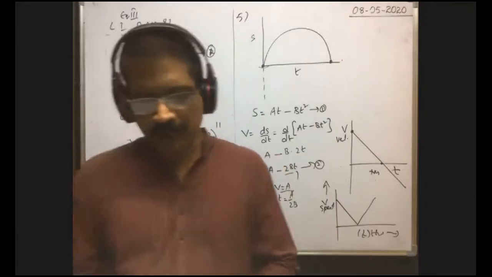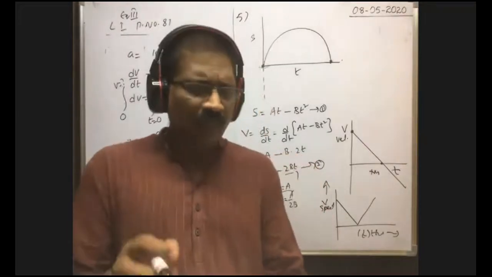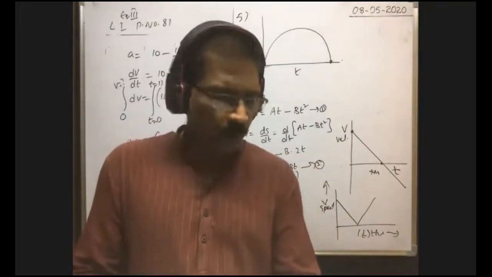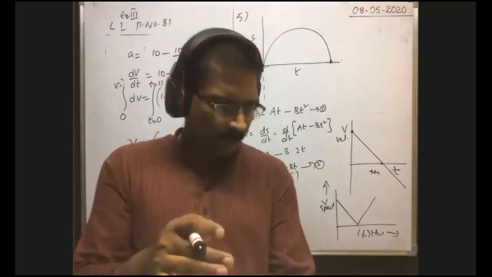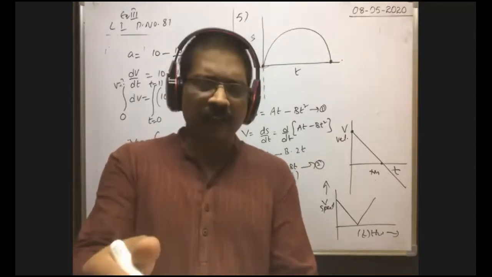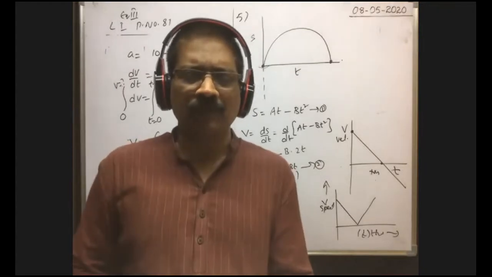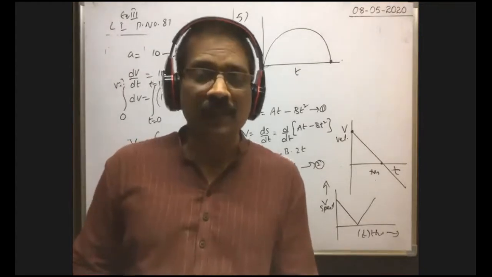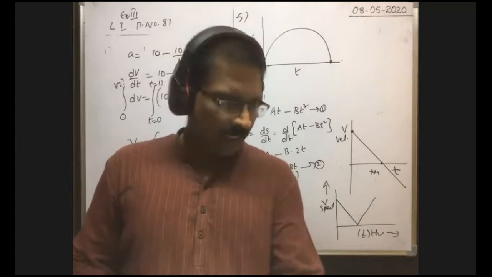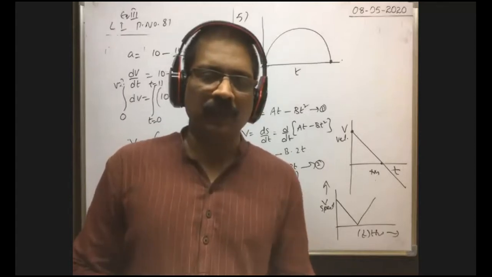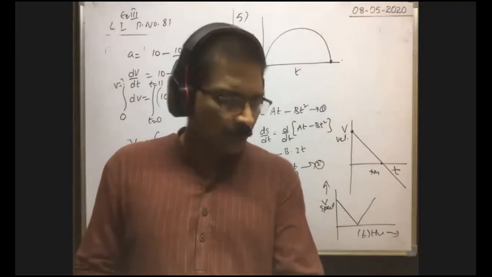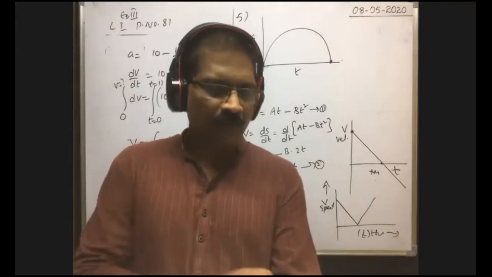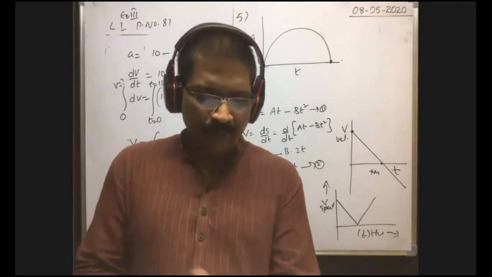So you do the problems. Already I sent the assignment to you. In this page number 82, in this display, you see, you note down the problem numbers in the notes. In page number 82, you do 6, 7, 8.